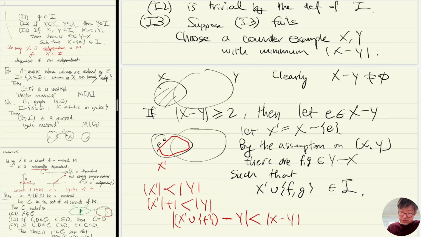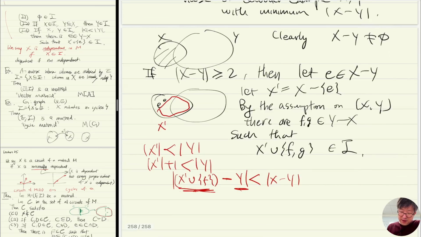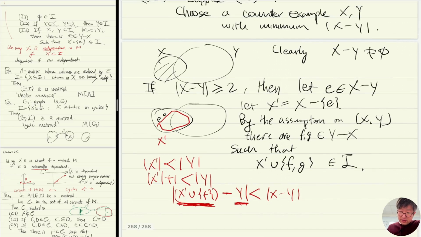So the pair X prime union F and Y is still not a counterexample. Remember, we chose the counterexample with the minimum X minus Y, so this is fine. This is no longer a counterexample, so I can apply I3, so this is independent.